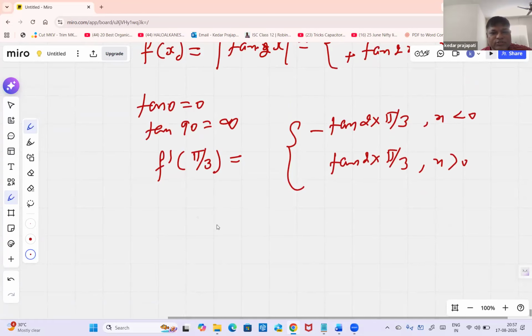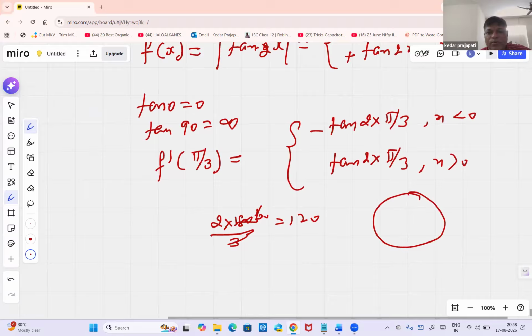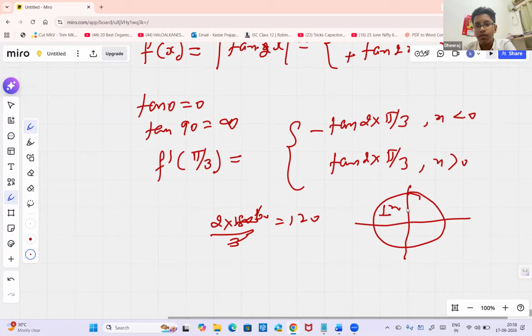Tan 2 pi by 3 is how much? 2 into 180 by 3, 120, right? 120 comes in the second quadrant, right?